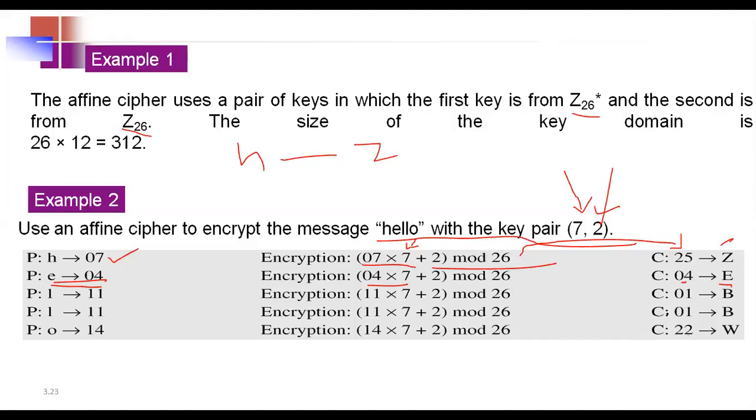Its remainder is 1, that's why it is B. So the L character is converted into B. And finally, the O character is converted into L. That's why the equivalent ciphertext for hello using the affine cipher is ZEBBL. This is the ciphertext for hello.